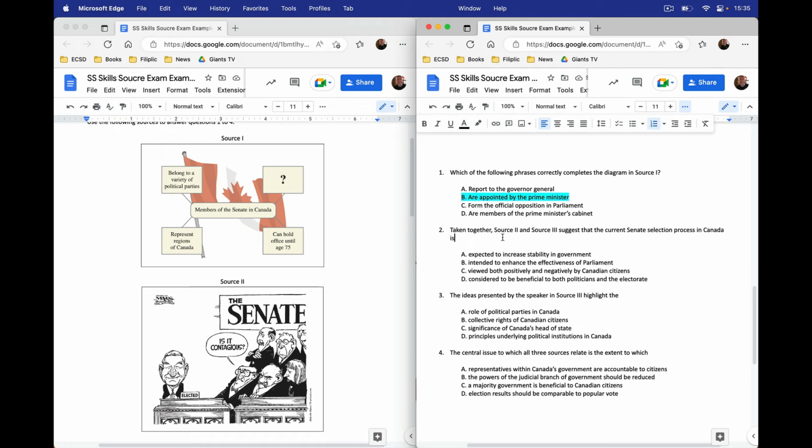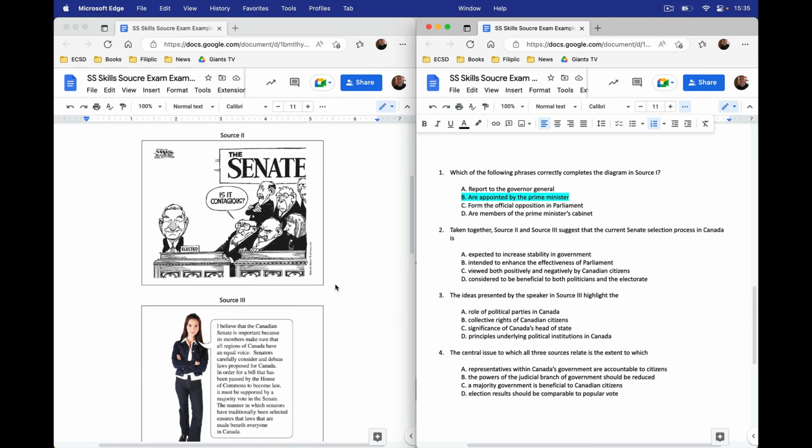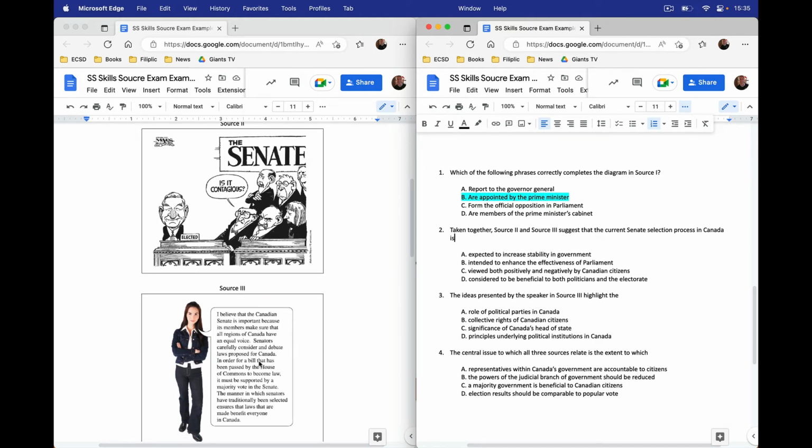Number 2, taken together, source 2 and 3 suggest that the current Senate selection process in Canada is, so taking a look at 2 and 3. The picture here of this elected representative asks, is it contagious? And source number 3 talks about the important impact that its members have. So the options: A, expected to increase stability in government.